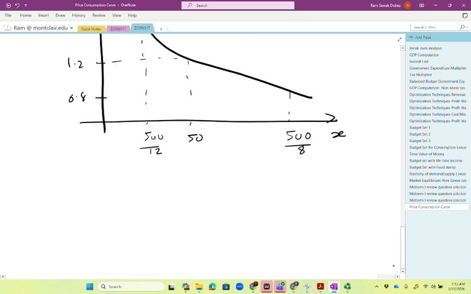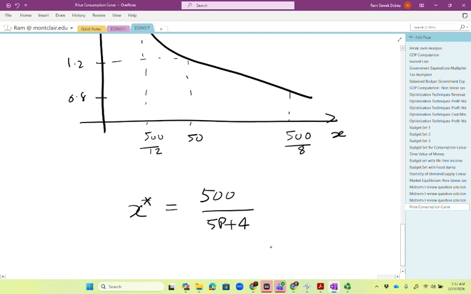I can write down the expression for this equation as well, which we had seen before: X star equals 500 over 5P plus 4. As you can see, when the price of good X increases, P is in the denominator and increases, there is no change in the numerator, so the value of X star would go down.